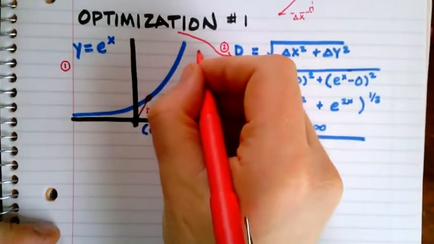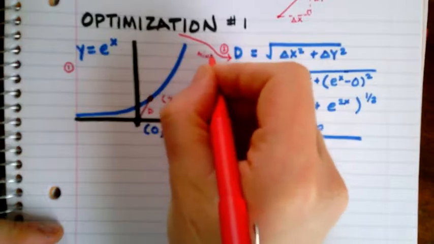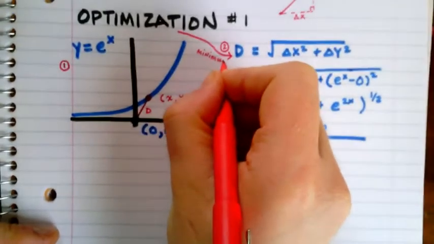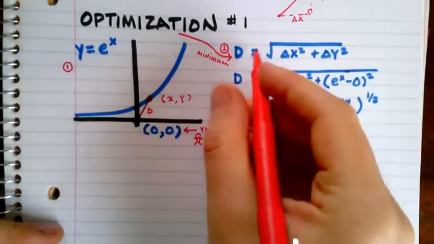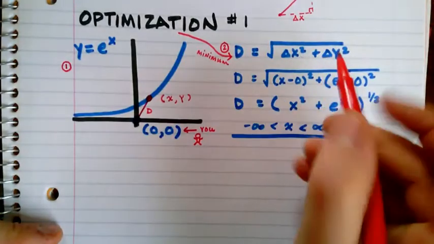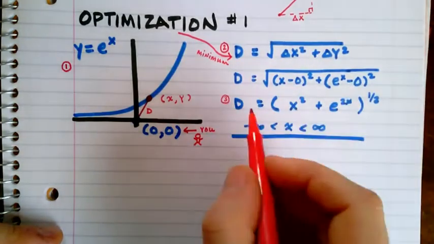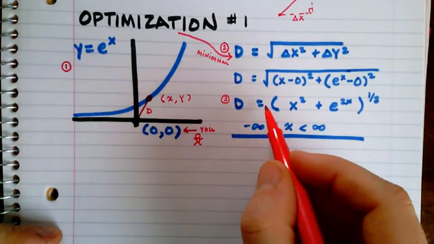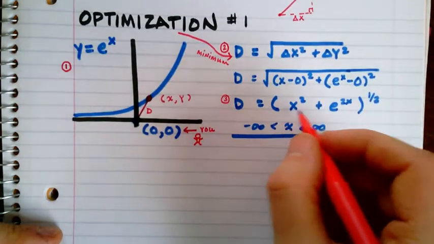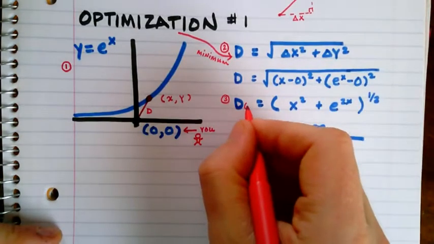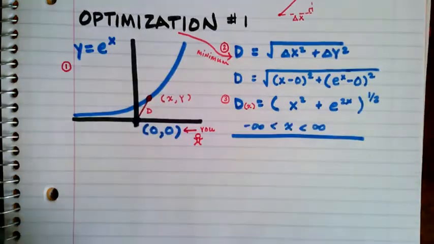We want it to be at a minimum. And then finally, the third thing that we did is we took that equation and we rewrote it so that the distance is entirely in terms of a single variable. And that variable is x. So we could write this as d of x. So again, that's stage one.